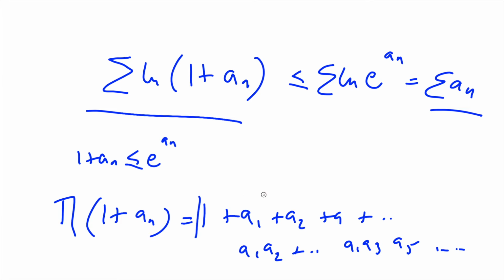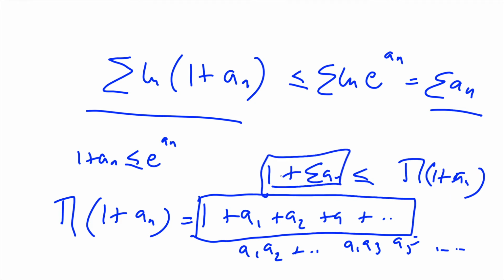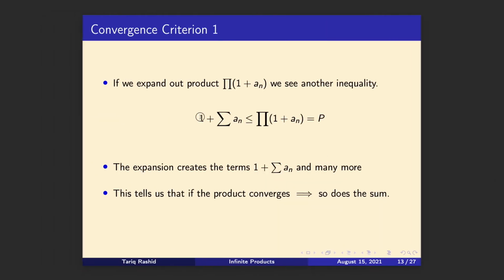If we just pick these, we can say that 1 plus the sum of an is less than or equal to that product, because the difference is those extra terms. All we've done is take some of the terms from the product expansion, expanding out the brackets.